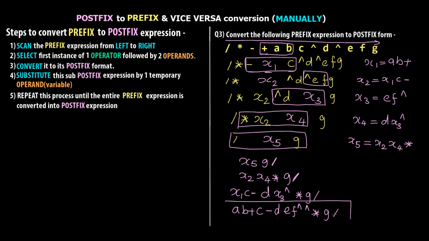And this, guys, is the final answer of postfix expression for this corresponding prefix expression. Okay, so this was the last example of prefix to postfix, and if you understood this, I'm assuming you guys can solve pretty much any other complex expression and make the conversion properly.